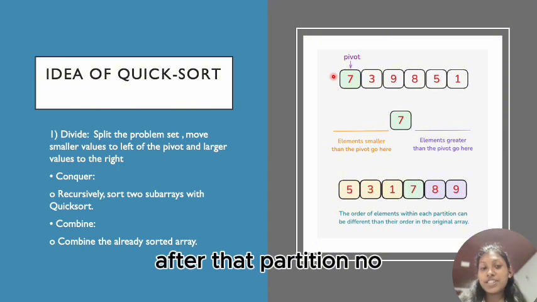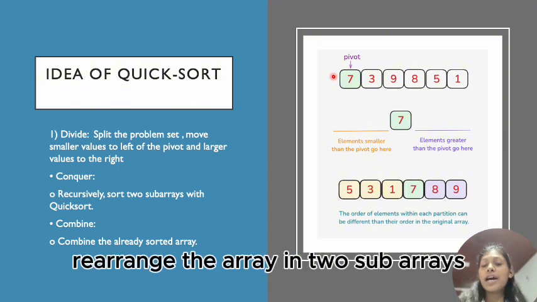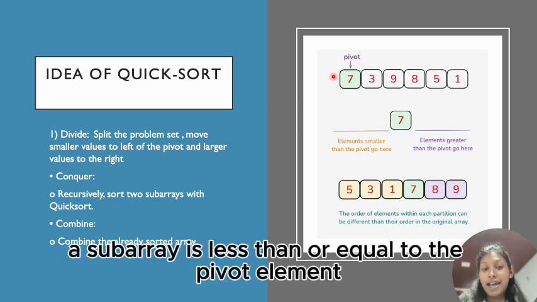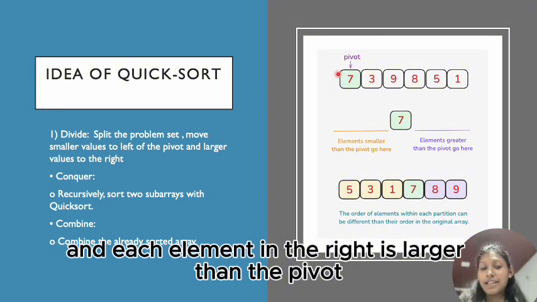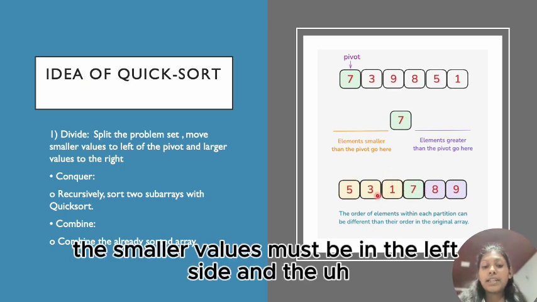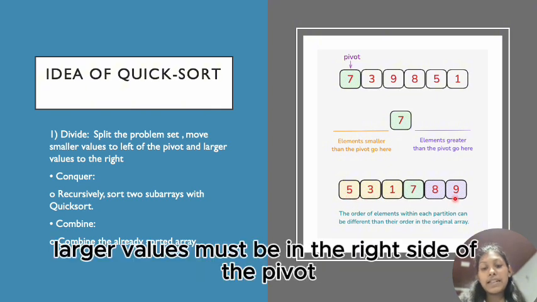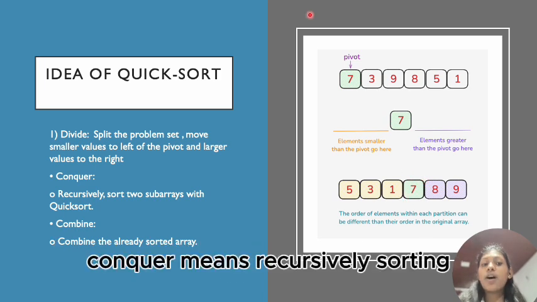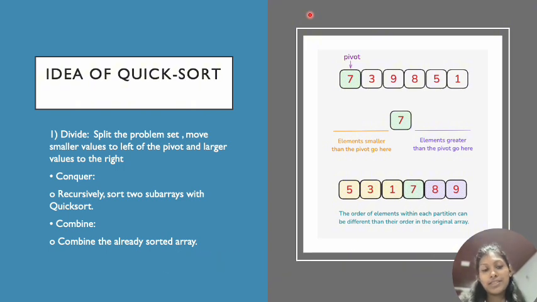After that, partition or rearrange the array into 2 subarrays such that each element in the left subarray is less than or equal to the pivot element and each element in the right is larger than the pivot element. When it is sorted, the smaller values must be on the left side and the larger values on the right side of the pivot element. Conquer means recursively sorting the 2 subarrays with quicksort.